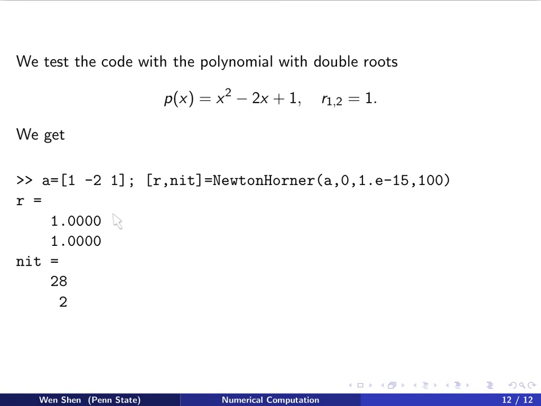And this is what comes out of the algorithm. It gives you the roots, 1, the first one, and 1, the second one. And it tells you the number of iterations. For the first root, it went through 28 iterations, and for the second one, 2 iterations. You might be wondering why, to find the first root, the program had to do so many iterations.